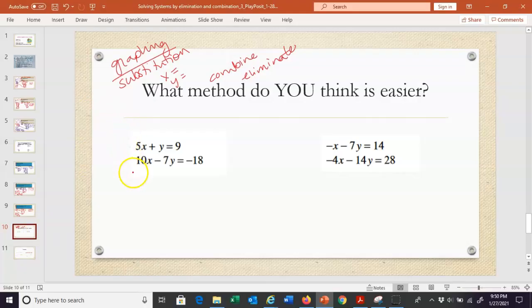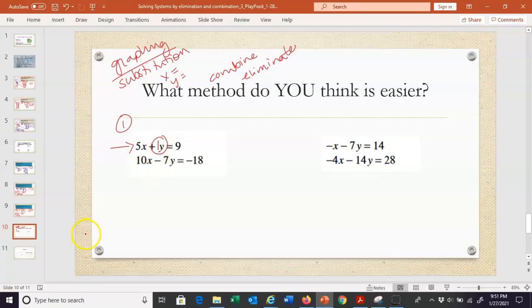So when you look at this first one, we can kind of talk about some things. What do you think is the easiest method for number 1? Now we might just go straight to graphing. I get that. But also, if you look at this first one, I kind of think substitution might be good, because anytime you have a term where the coefficient is 1, it's pretty easy to get it by itself, right?